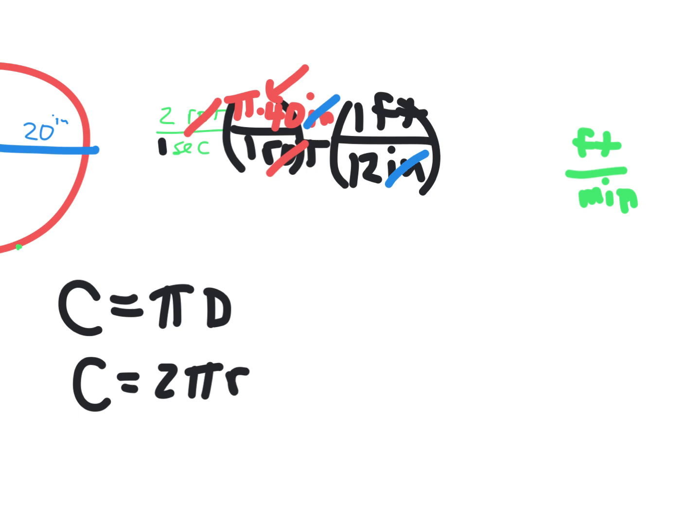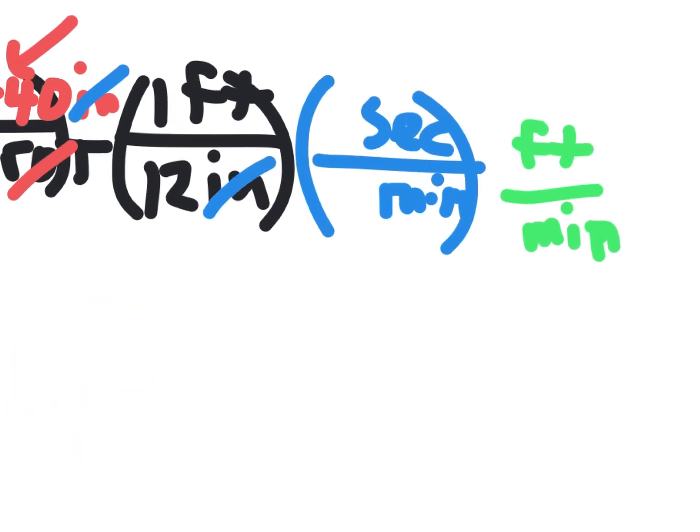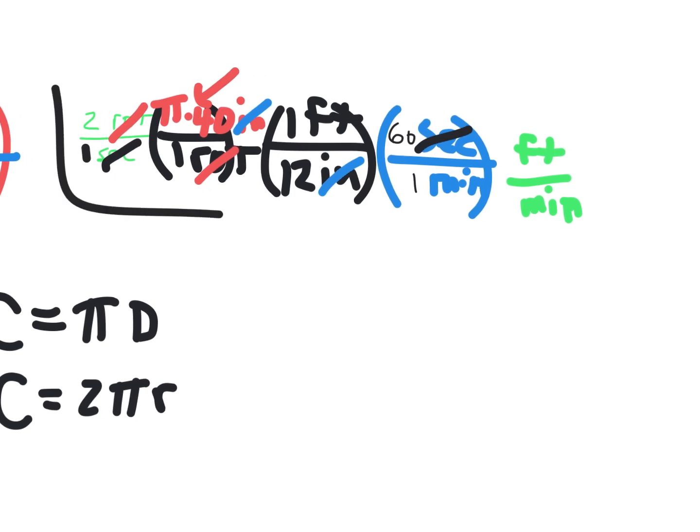Oh, seconds. Seconds is on the bottom. Feet per second. Oh, and my seconds I have to change into minutes. That's easy. So I put seconds here and minutes here. And what's a fact I know about seconds? 60 seconds in 1 minute. Seconds cancels. That's how you do that kind of a question.